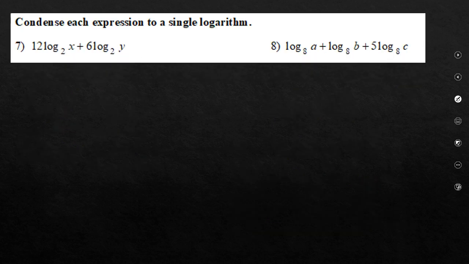All right, now we are into condensing. 12 multiplied by log base 2 of x plus 6 multiplied by log base 2 of y. Our first check is to make sure that they have the same base before we do anything. There are coefficients in the front of each of the terms.